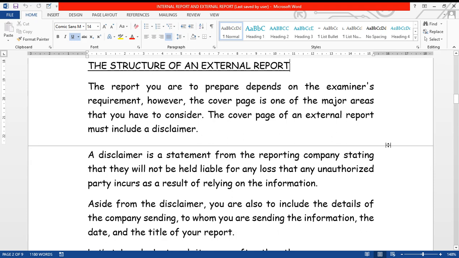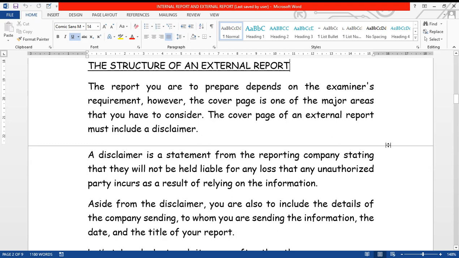So you have to know whether you're writing an internal report or external report, because the cover page, which is the first page, must include a disclaimer if it is an external report. Many students ask why we include a disclaimer in external reports and not in internal reports. So what is a disclaimer?